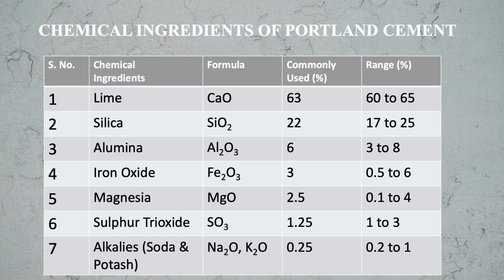Magnesia MgO, generally we use 2.5% with range of 0.1 to 4. Sulfur trioxide SO3, 1.25% is used and general range is 1 to 3%. Alkalis, soda and potash, Na2O and K2O, generally the percentage is 0.25 and it ranges from 0.2 to 1%.